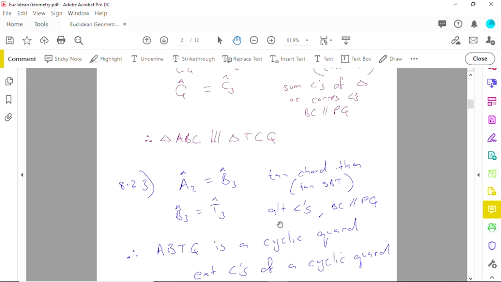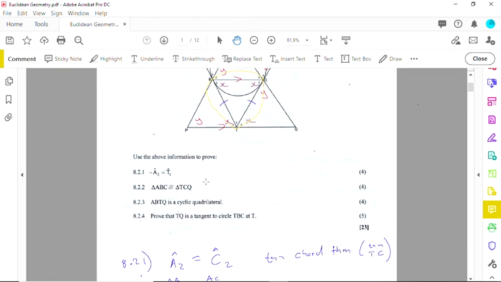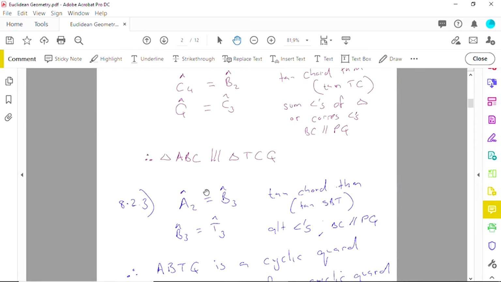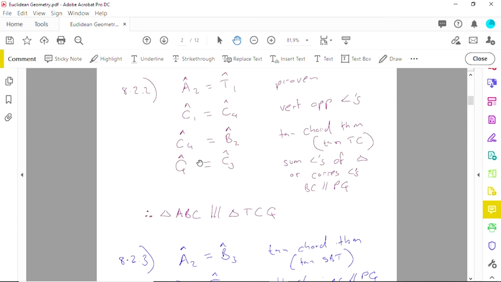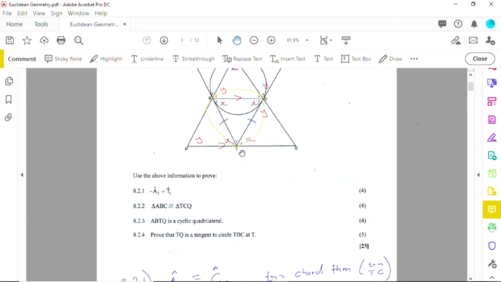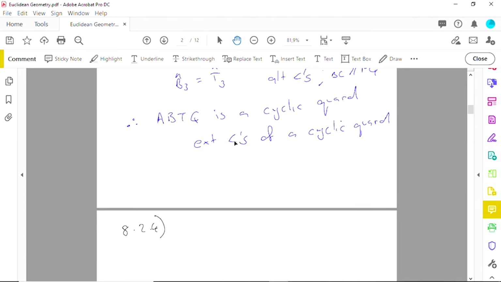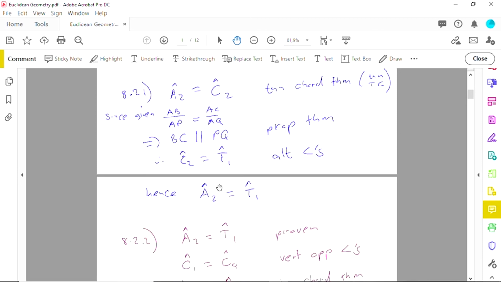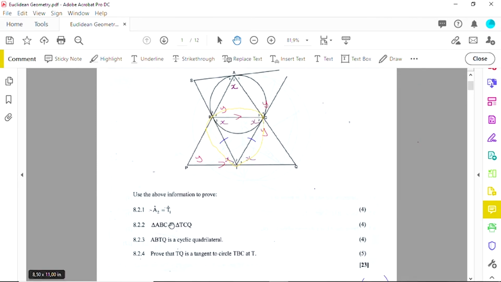We've written down that B3 is equal to C3. That has been written down in discussion, so we can use it. B3 is equal to C3, and that has been proven above. Okay, we can use that. We have proven in 8.3 that B3 is equal to C3. Or you can use alt angles, it is still the same thing.